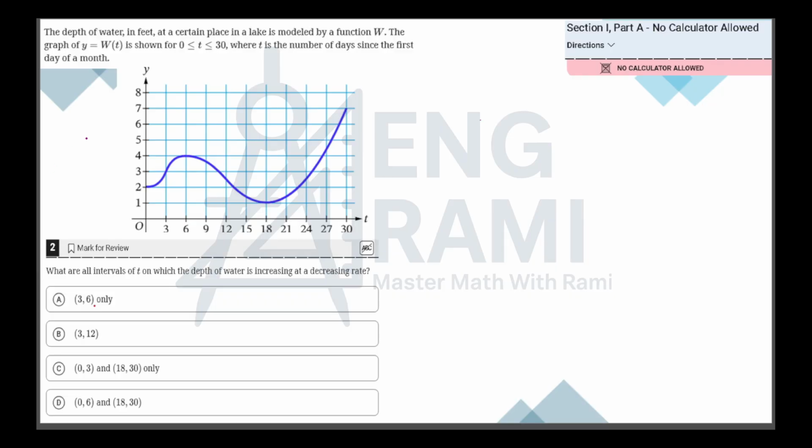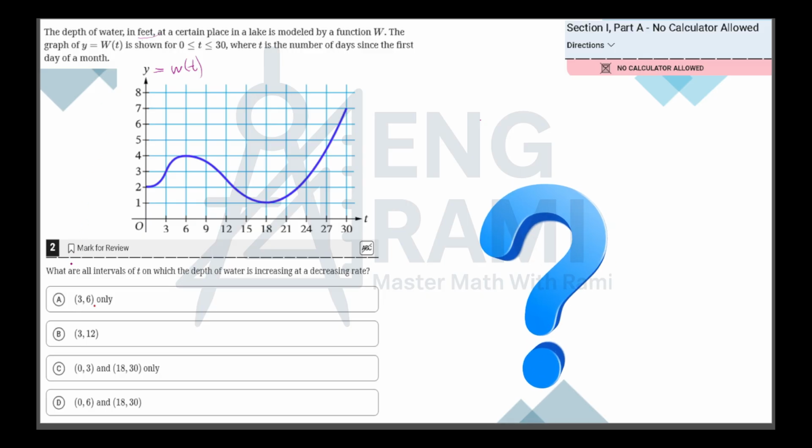Our question is, the depth of water in feet at a certain place in a lake is modeled by a function w. The graph of y equals w of t is shown for t greater than or equal to 0 and less than or equal to 30, where t is the number of days since the first day of a month.